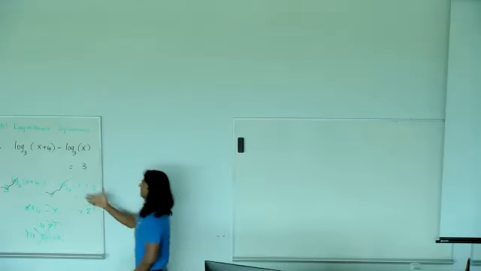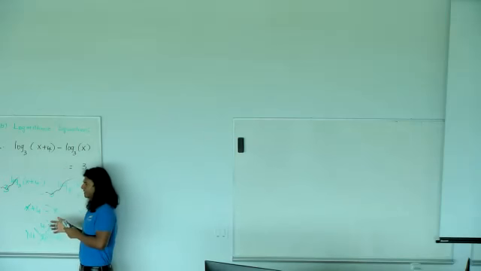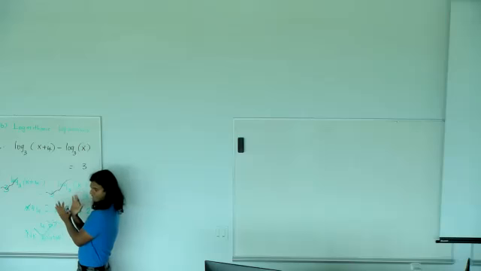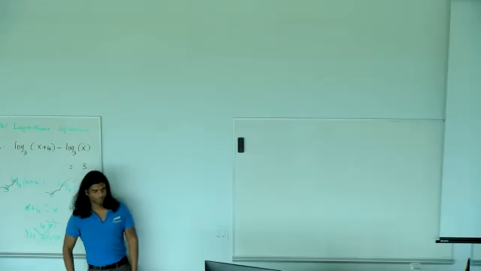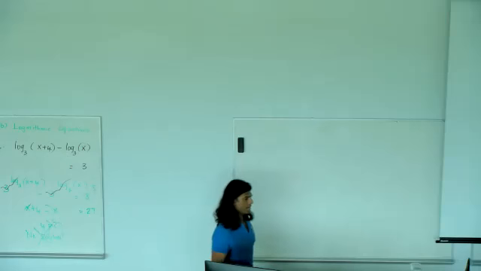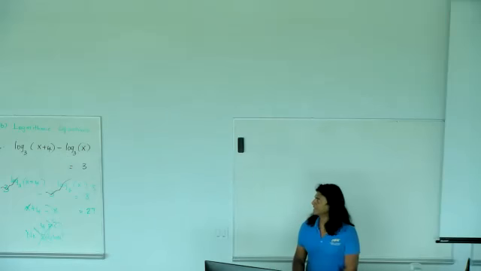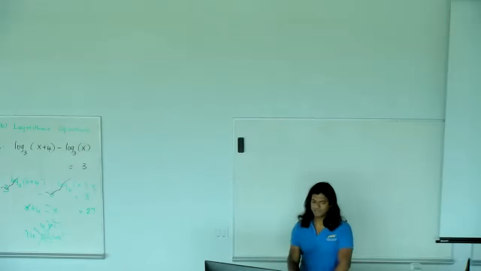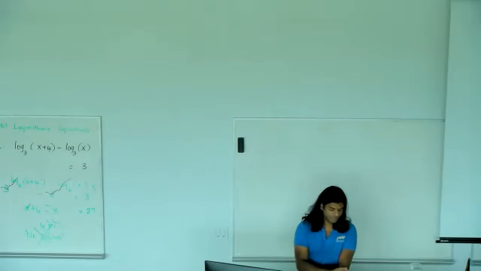That is not the case here. I do have logarithms, but it's not a single logarithm on the left-hand side. There are 2 logarithms. So the goal is to combine those 2 logarithms and come up with 1 logarithm of base 3.